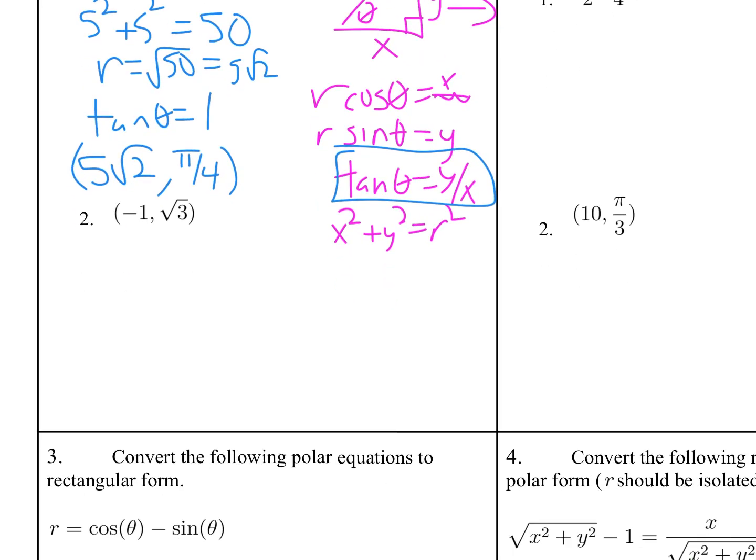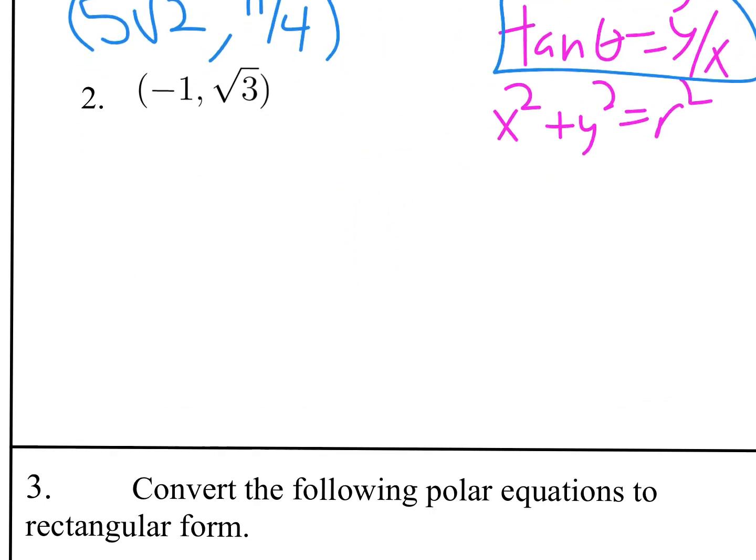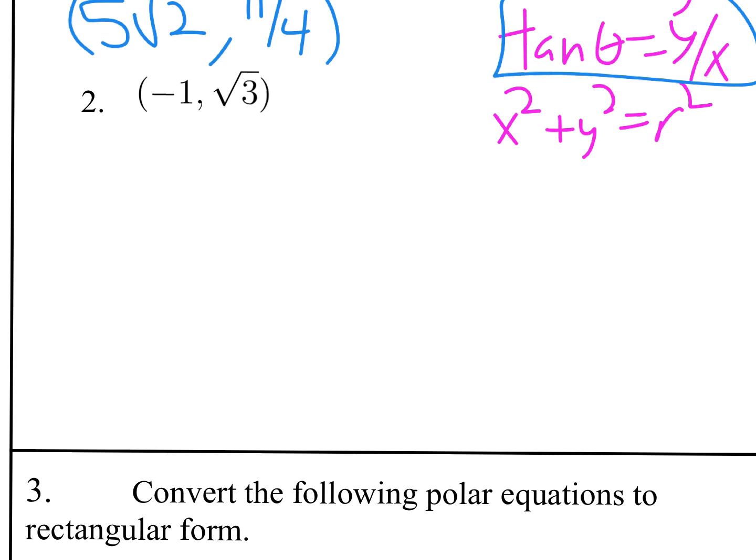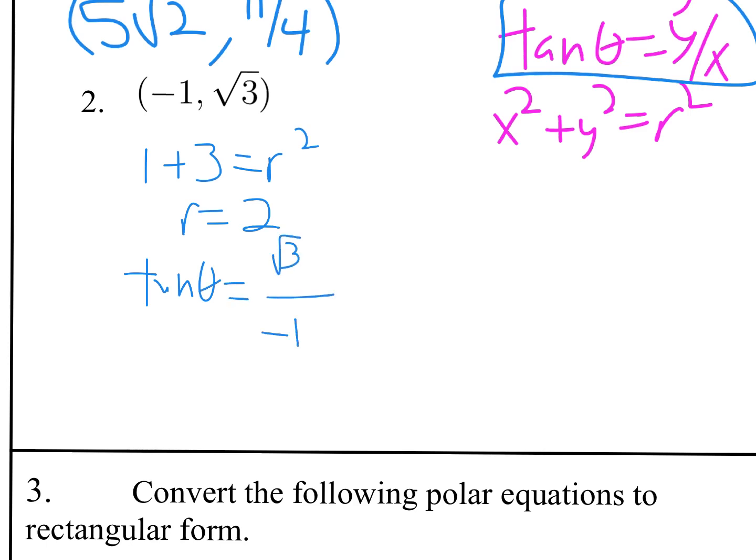And the next one, 1, negative 3. So we'll do the same thing. X squared plus y squared is r squared. So r is going to be 2. And then we'll have the tangent of theta is y over x. I like to think of it that way.